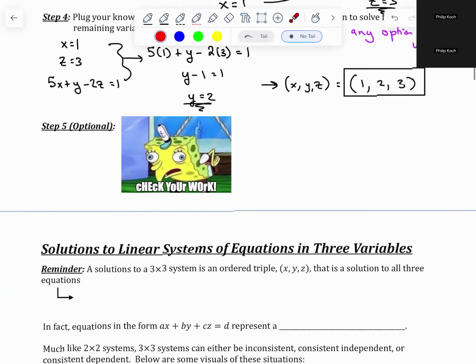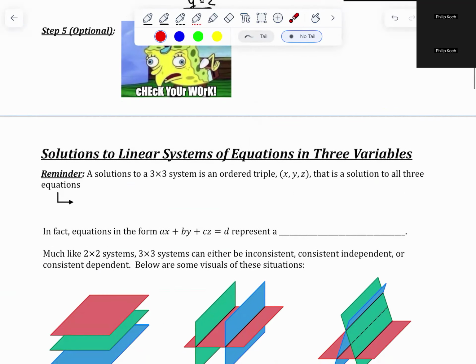So now, to Ben's point, a 3x3 system has an ordered triple. That is the solution to all of them. There are 3 variables and 3 equations. So a solution is a point in 3 space.